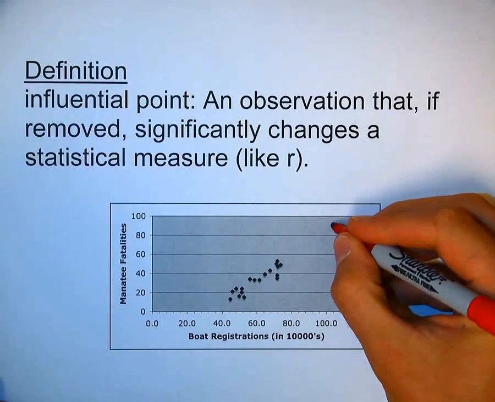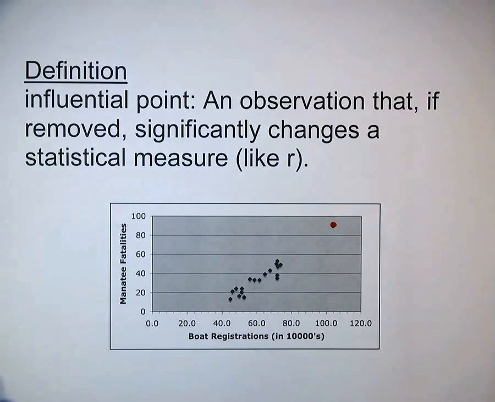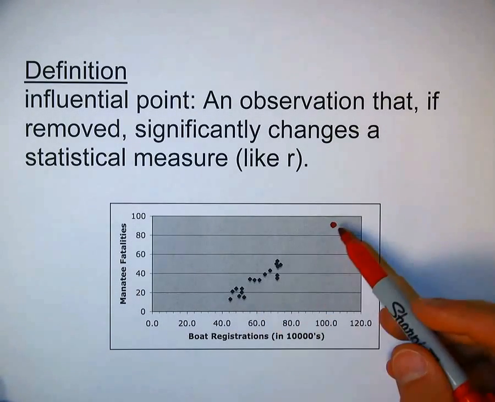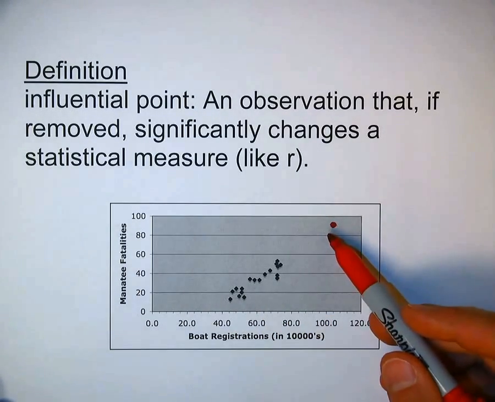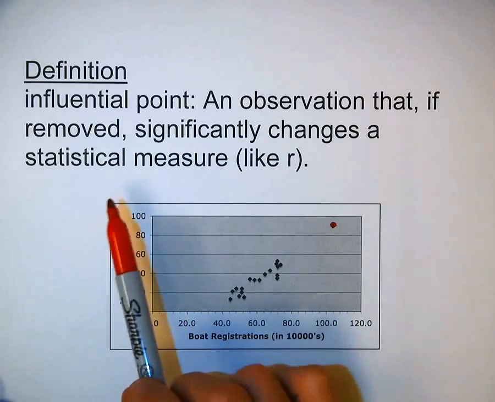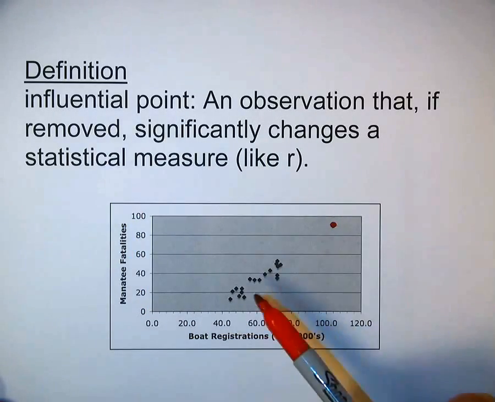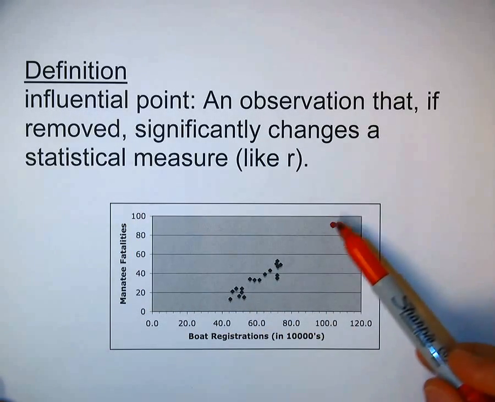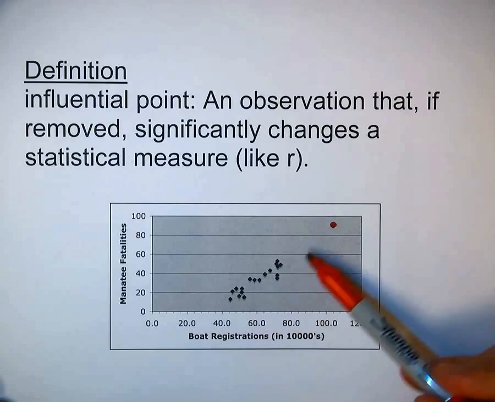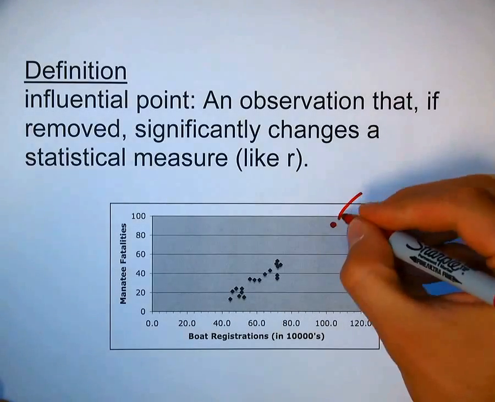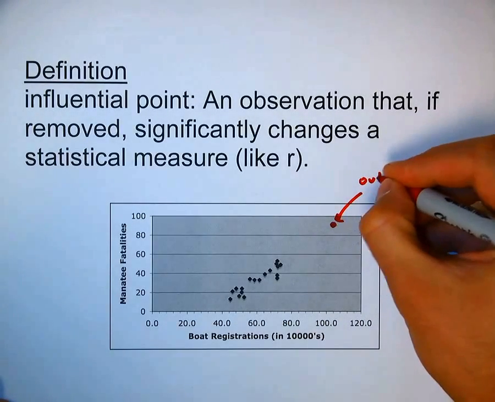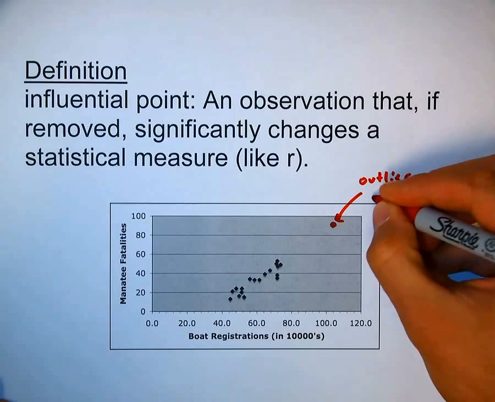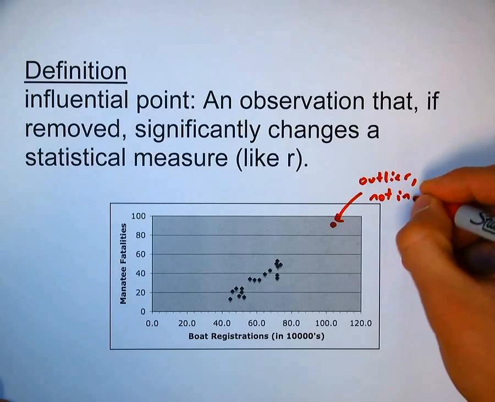Let's start with this point here. This point is certainly an outlier. It has an extreme x and y, but it's not influential because that point is right in line with the trend of the other values. So this point is an outlier, but not influential.